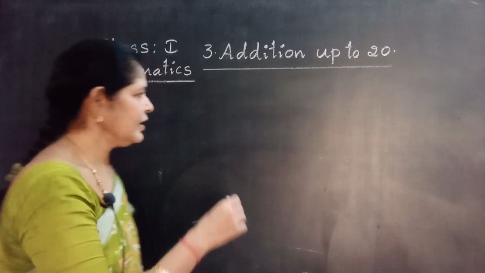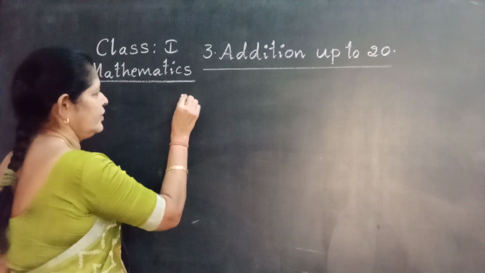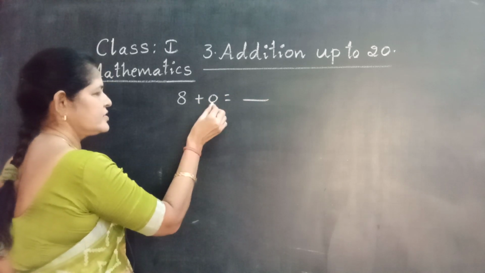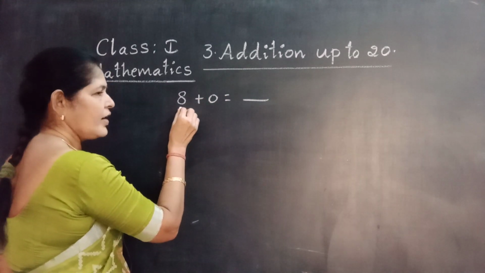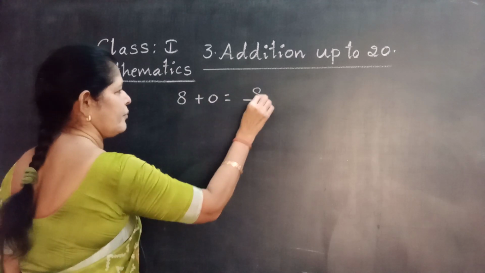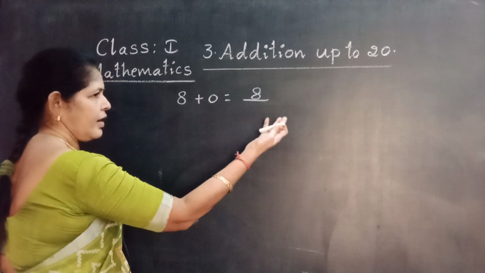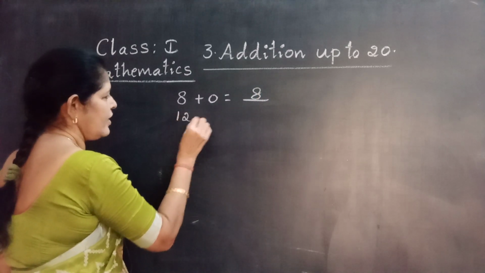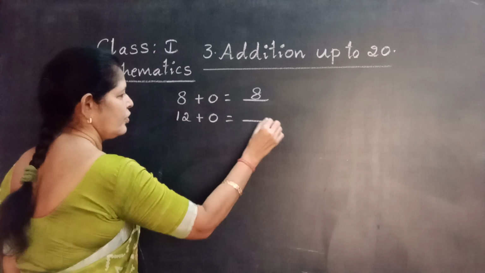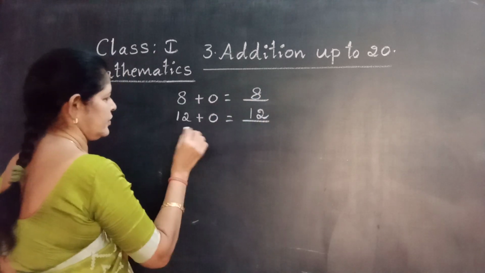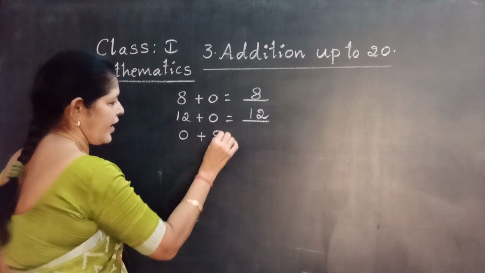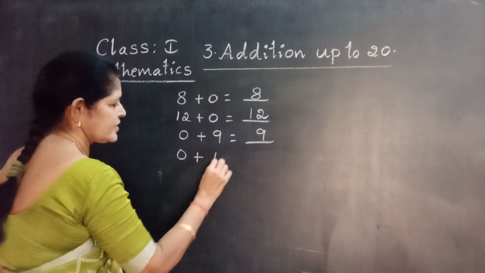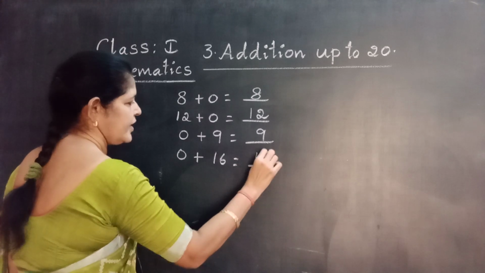Okay? Let us look at the board. 8 plus 0. Here we add 0 to a number. What is the answer? Same number. The number does not change. We get the number itself. 12 plus 0, 12. 0 plus 9, 9. 0 plus 16, 16.